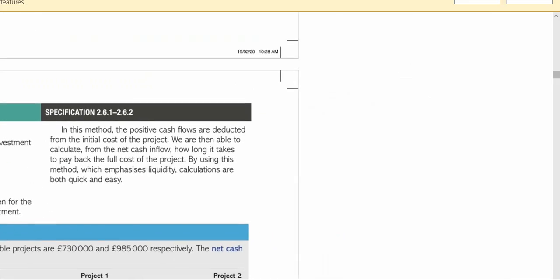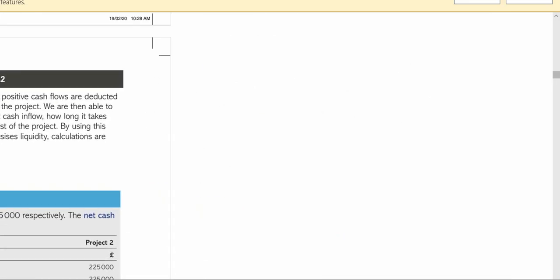For example, here is the timeline. Time zero means today. Today we invest $100,000 into the business. In year one, for example, we receive 25,000.